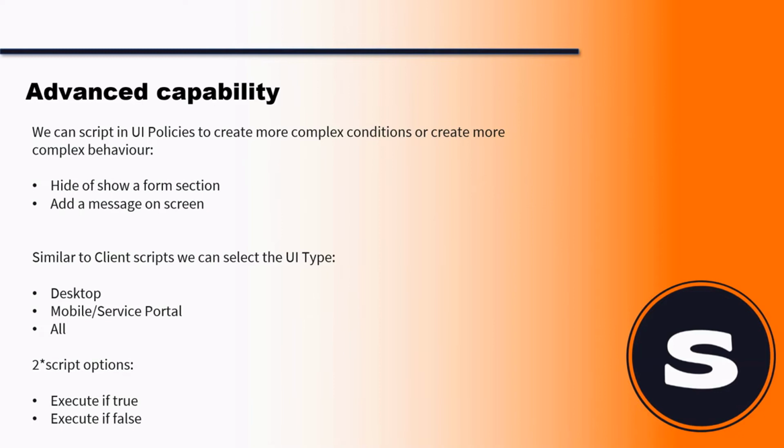But we can execute a script if the conditions that we've stipulated are true. But likewise, we can execute a different script if the conditions evaluate to false. Okay, so we have a bit more capability that we can play with here as well.